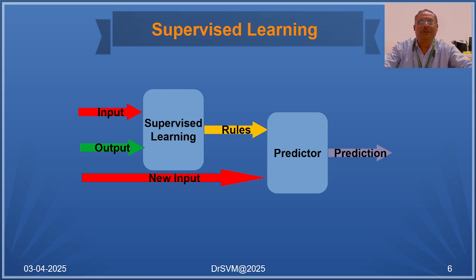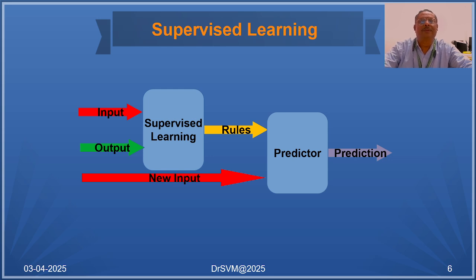How to learn? The simple thing is we just show the input, show the output, and say for this input, this is the output. You understand it. That's how we learned in our elementary school: A was written on the board, and the teacher was telling A. Listening to that, seeing that again and again together, we learned what A means, what B means, and all that. The same thing happens here.